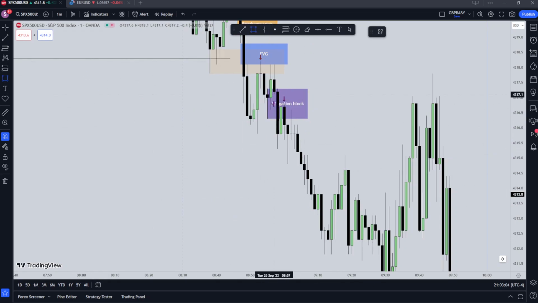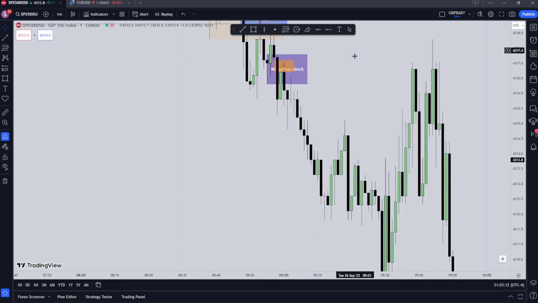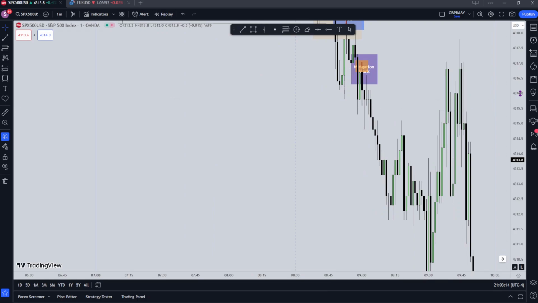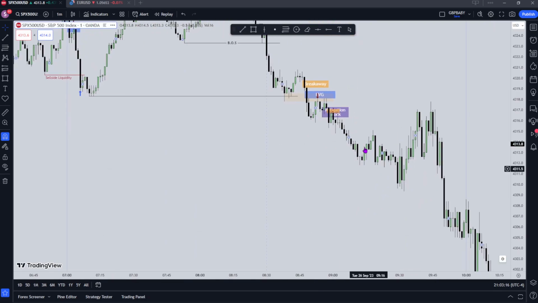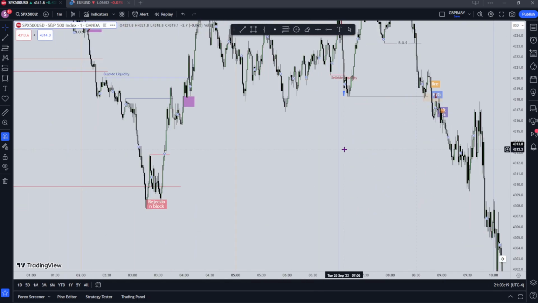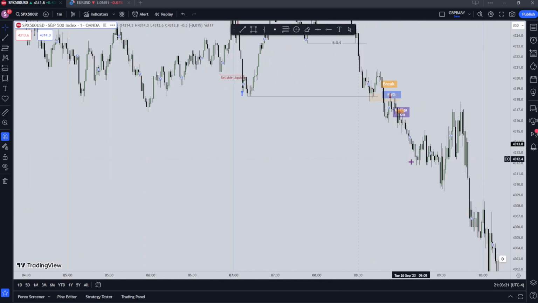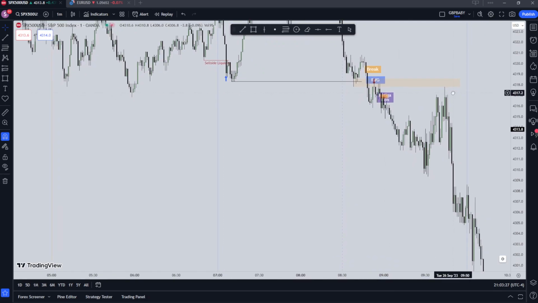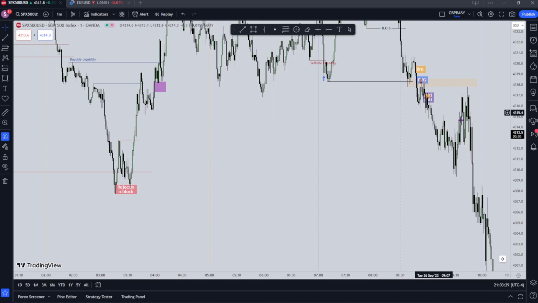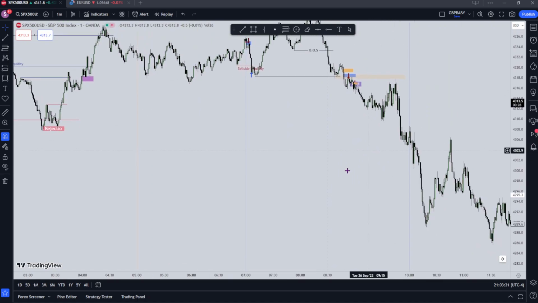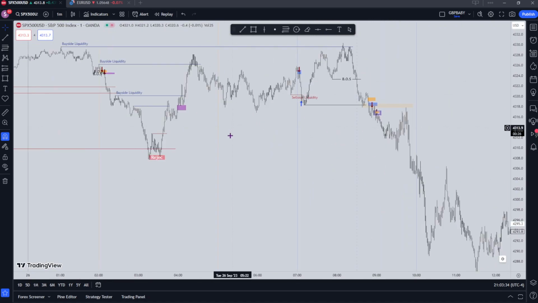Why is it mitigation? High, low, low, high, break. Excuse me. We do keep running, but it gets very consolidated around here. Sitting through this will take the piss. And we do come back up to that, but I guess that's because it's 50% of the range. Yes, it is. You can see. So we anticipate a run on stops.